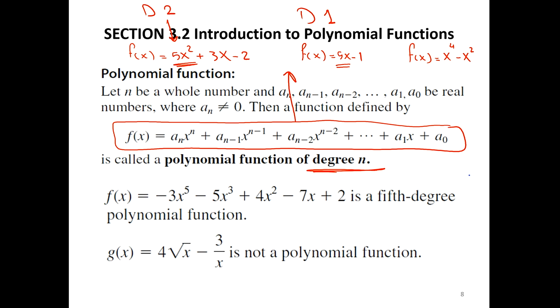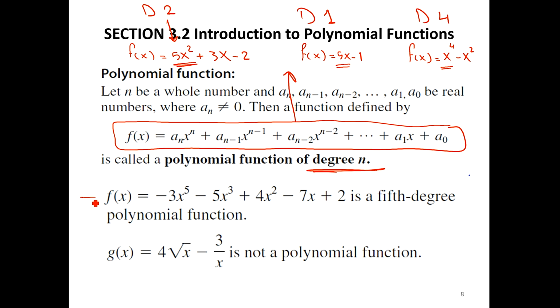Look at this. We have powers 4 and 2. So the maximum is 4. So this is a polynomial with degree 4. So we can find the degree easily by the maximum power of the unknown x, or the variable x.